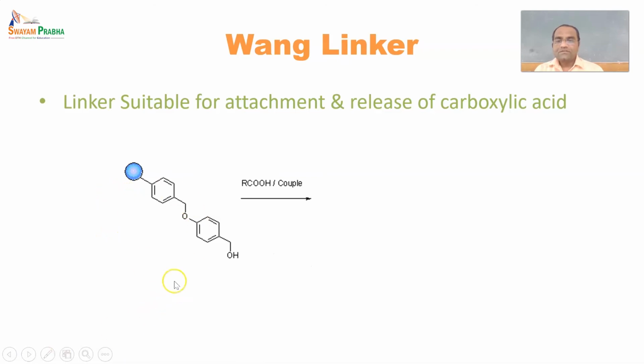This is the structure of the Wang linker, and the carboxylic acid group couples with its hydroxyl moiety, and it can then be cleaved by using TFA. TFA is a solvent, and we can now cleave it.